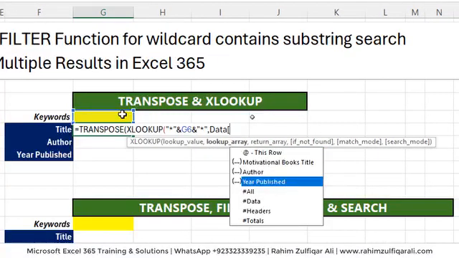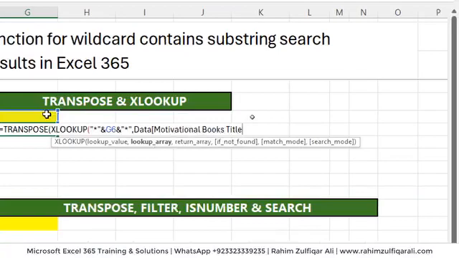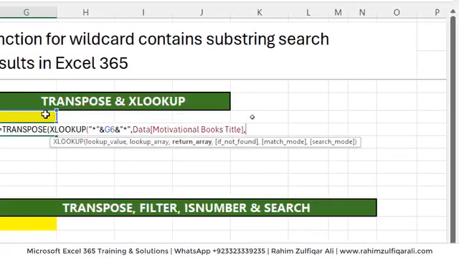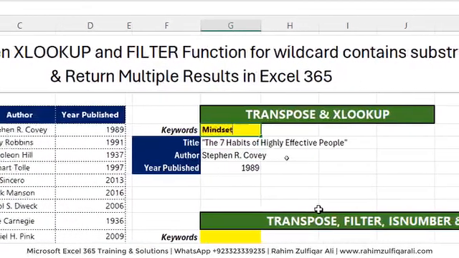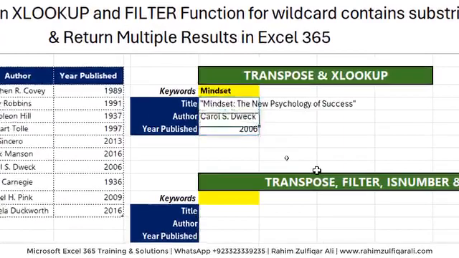We will select the motivational books title. All right, the return array will be from the data table again. What we need is all the columns, so we will write data here. Okay, then comma, if not found, match mode, we will write mindset here. Let's say mindset, and let's say it returns the first result.